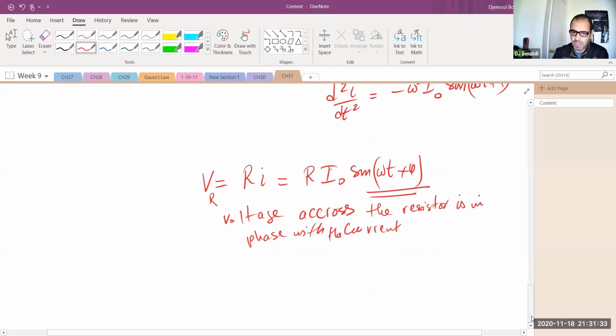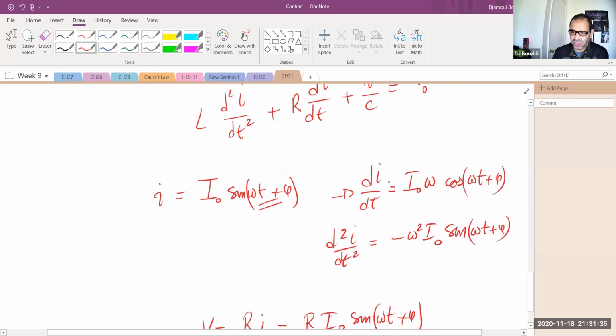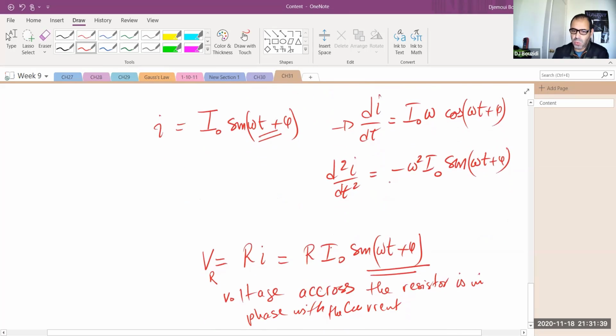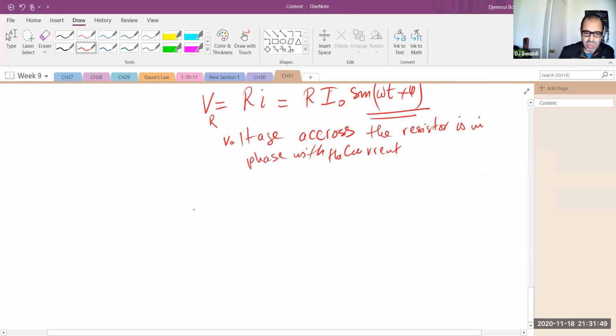However, the voltage across the inductor will have to deal with L times the derivative of I. So the voltage across the inductor is L times di over dt, and that is L omega times I naught times a cosine of omega t plus phi.